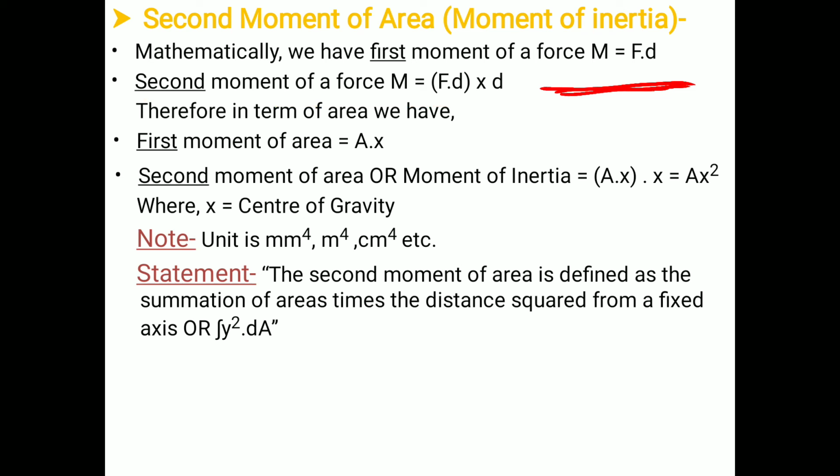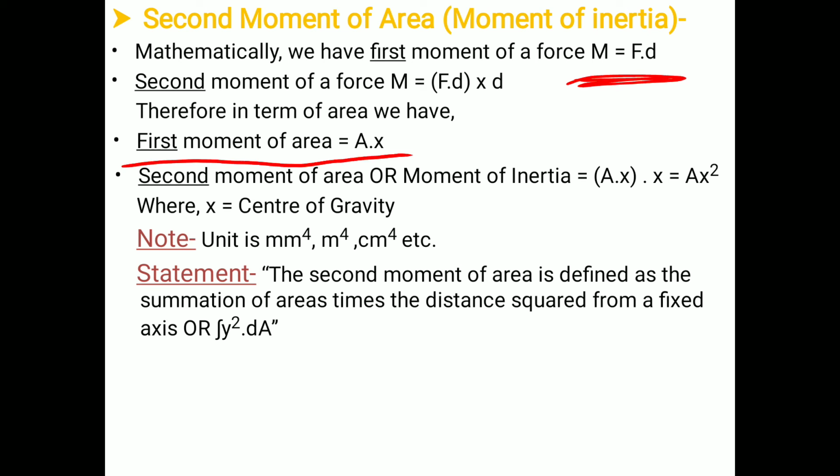Now, if I replace force by area or mass, then we have the first moment of area. In the first, we have the first moment of force, that is M = F into d. If I replace force by the area or the mass, then we have the first moment of area, that is A into x.